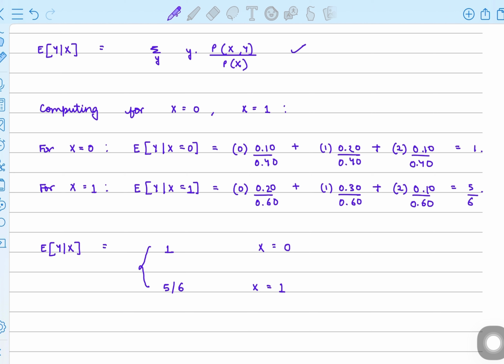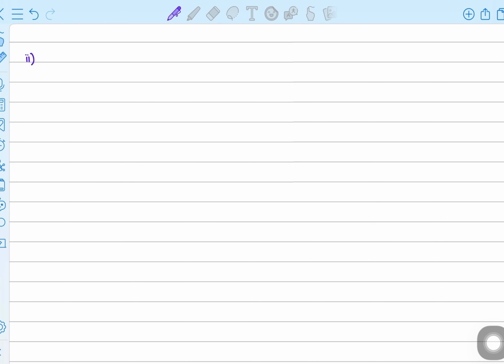From this, we construct a piecewise function. This gives us the expectation of y given the value of x as asked in the question. Now, we move on to the second part. Since the expectation of y given x is a random variable itself, we simply take its expectation.